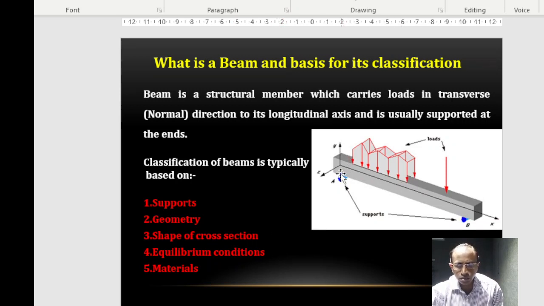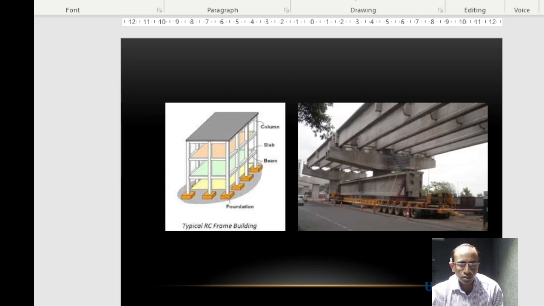There is a set of equations in order to keep a particular object in equilibrium. So based on the available number of equations also we can classify the beams. Then materials, what material it was made of, based on that also we can classify. Let's look at them one by one. Let's say based on supports.